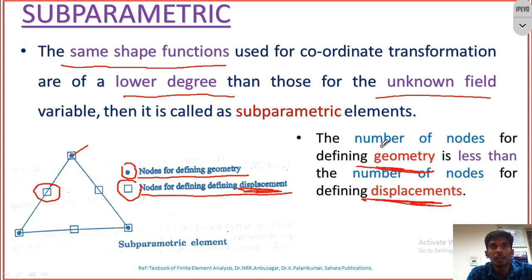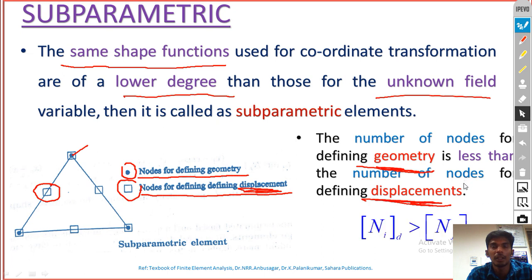If the geometry is less, we can give a low degree of order. That is the meaning of subparametric. In equation we can represent it: the shape function at the ith node for displacement is greater, and the shape function at the jth node for geometry is lesser.